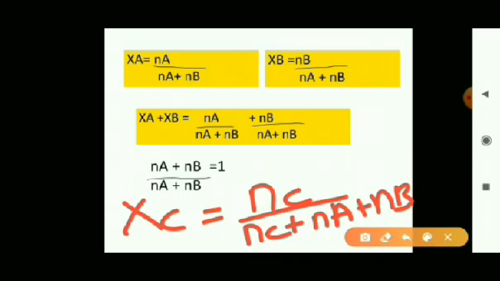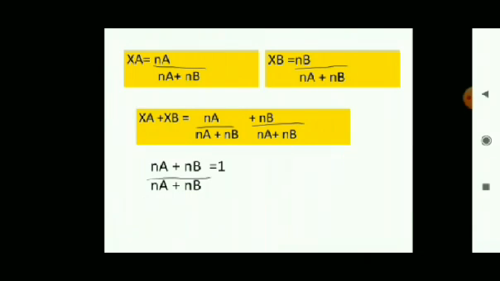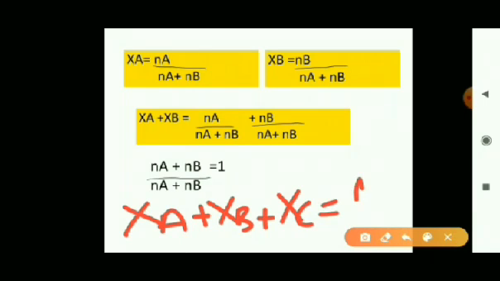In the same way, the mole fraction of A is Na divided by Na plus Nb plus Nc. The same thing happens when you add all three: the mole fraction of A plus the mole fraction of B plus the mole fraction of C is equal to 1. That is always 1.